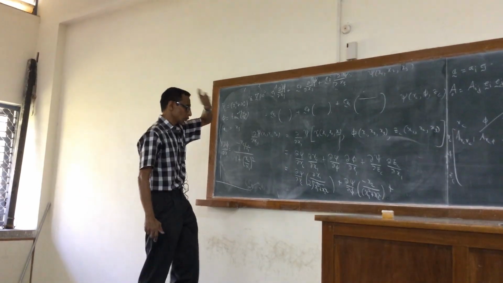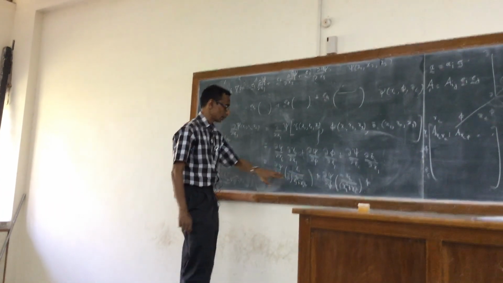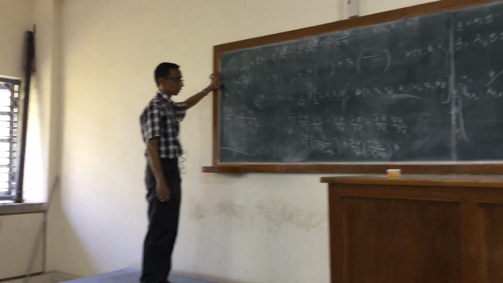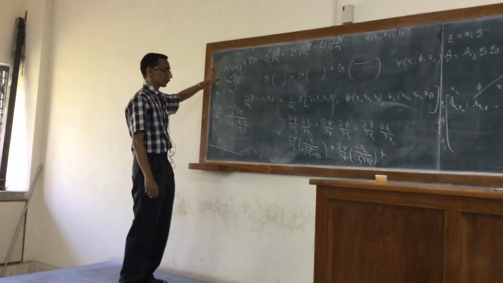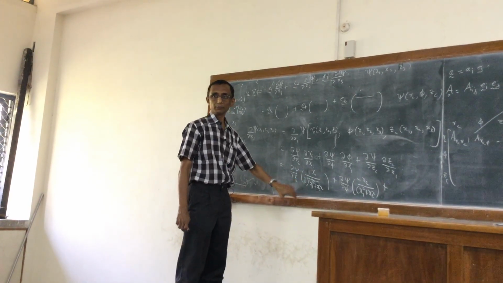Right? So now I can write this. So 2 can be cancelled out. So this is x1 by rc, and x1 is of course rc cos phi, right?